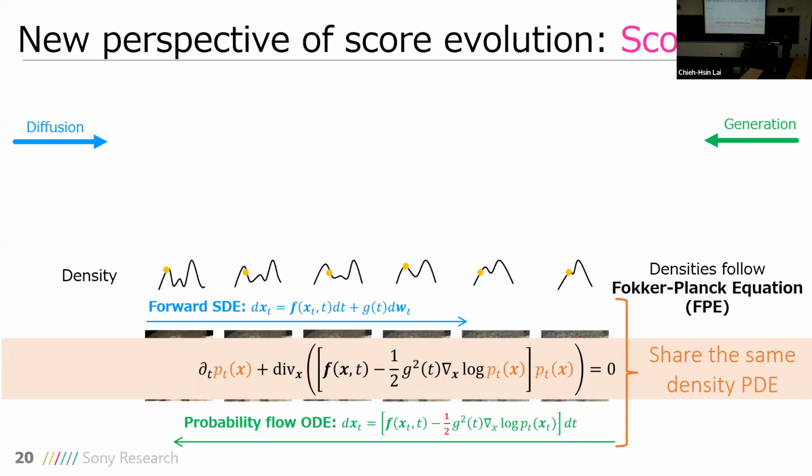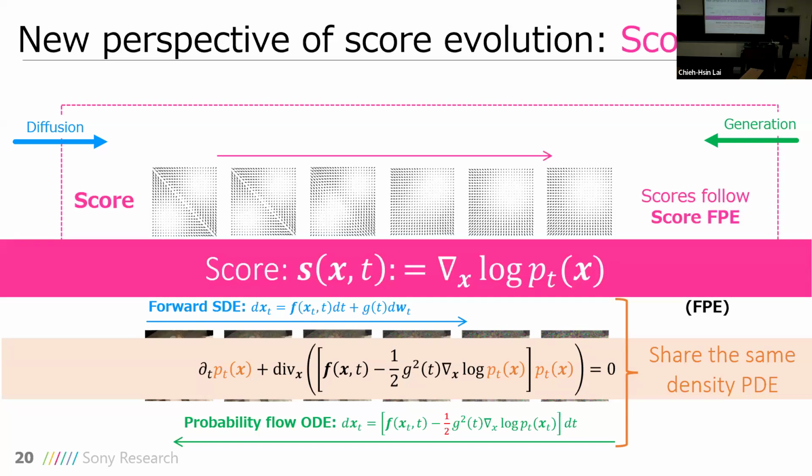Overall, the diffusion model has this underlying math structure. But if you look closer, how about the score function? Does the score also have this kind of underlying structure? And the answer is yes.